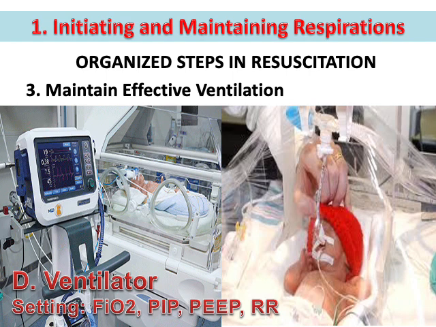Maximum or the usual levels of PIP for newborns are 18 to 24 mmHg. PEEP, I mentioned a while ago, it's 4 mmHg, but sometimes there are 4, 5, or 6 mmHg.